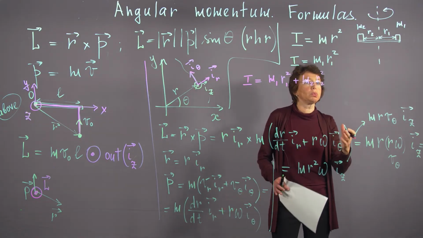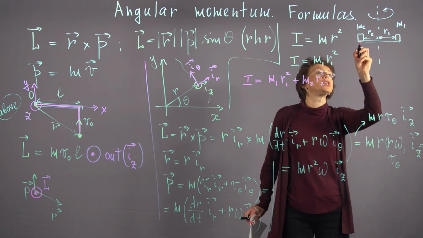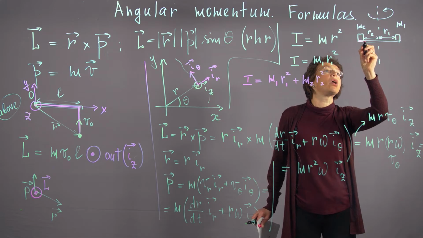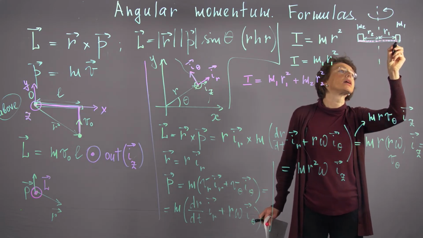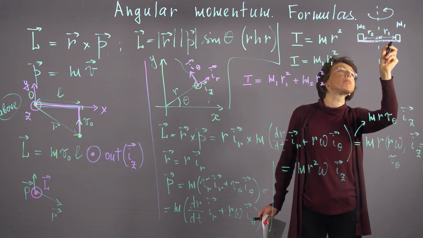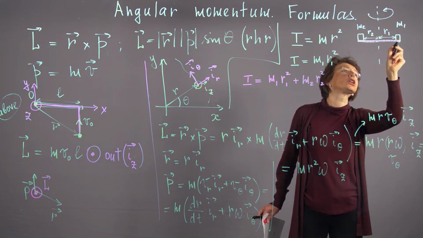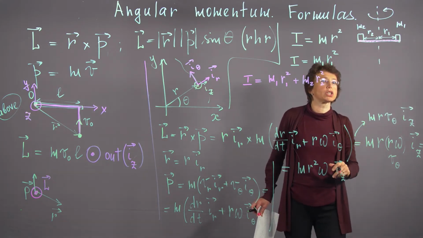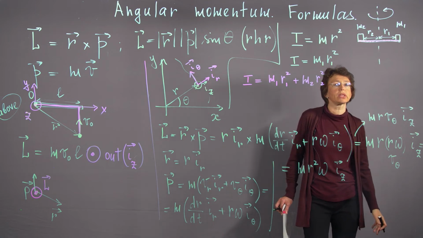But what will we do if the rod is not massless? Now the rod has mass. If the rod has mass, we can calculate the moment of inertia of this rod, and you have problems like this in your homework.